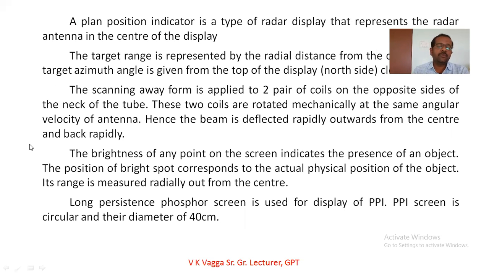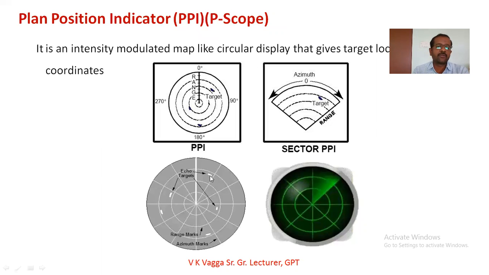The brightness of any point on the screen indicates the presence of an object. If you see any change in the intensity or brightness, it is itself acting as the target. You can see it here, represented with the white. It is the indication of the target here.